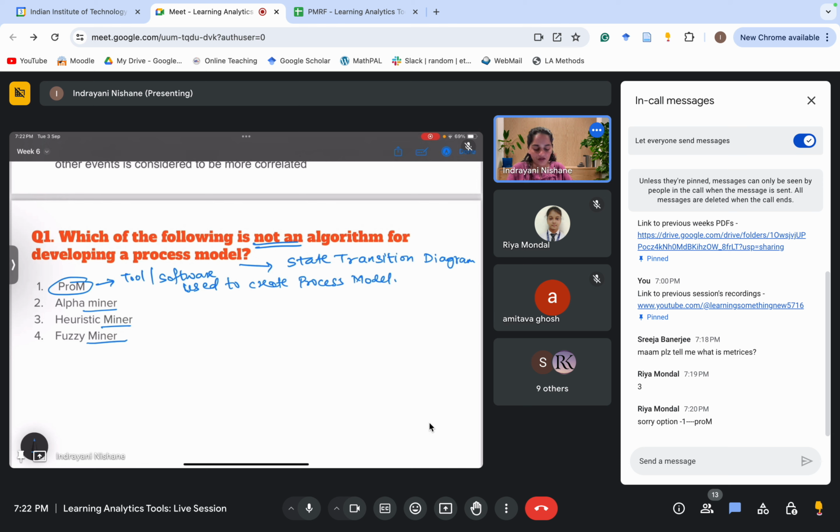So ProM is not the algorithm, but alpha miner, heuristic miner, and fuzzy miner are the algorithms which are used to create process models.